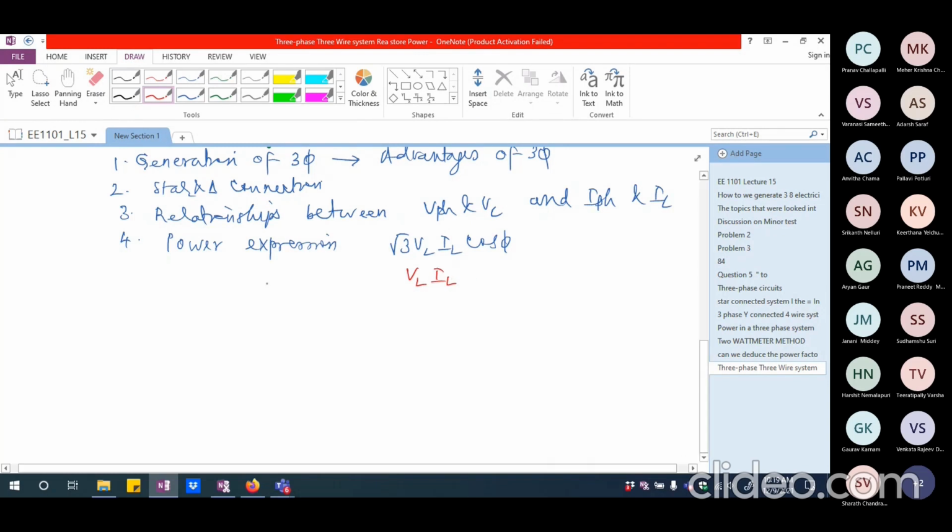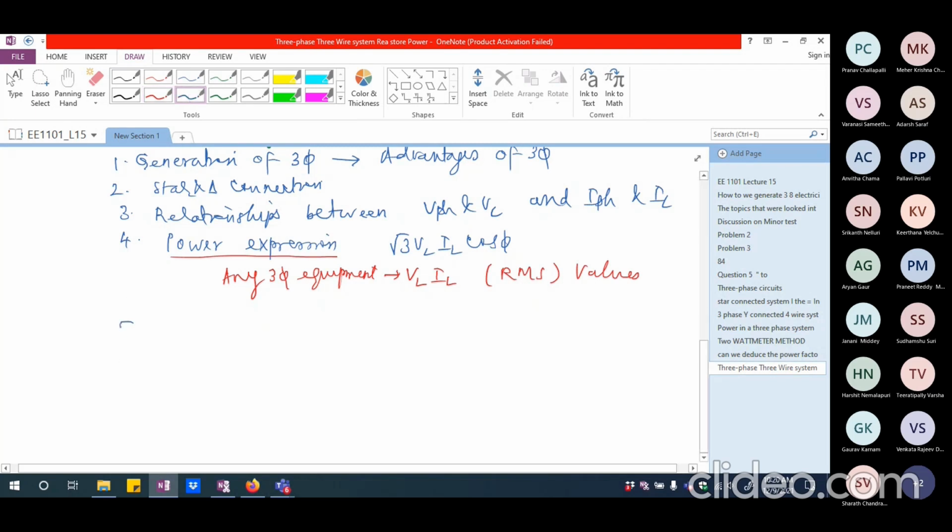So if you have a 400 volts, 15 ampere three-phase induction motor, it specifies 400 volts is the line voltage and 15 ampere is the line current. It is going to always mention line voltage and line current. Okay. So based on that, we got the power expression.